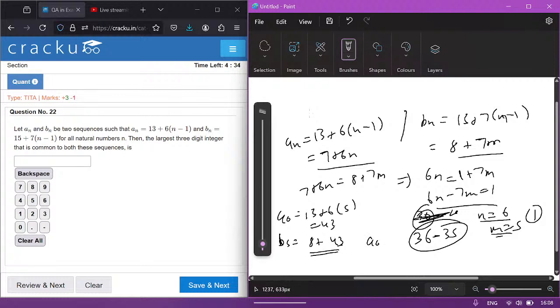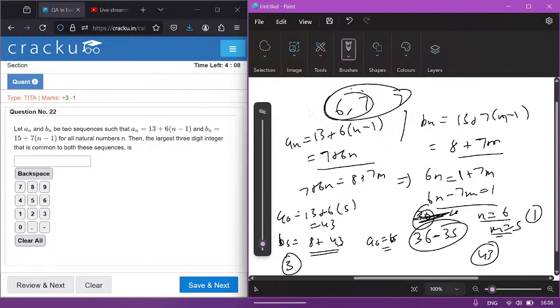So a6 is equal to b5. 43 is the first number present in both sequences, and their common differences are 6 and 7. So we have to find the largest three-digit number.